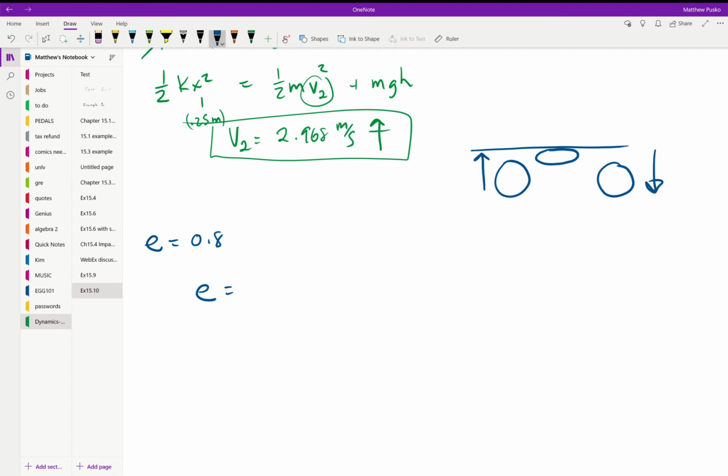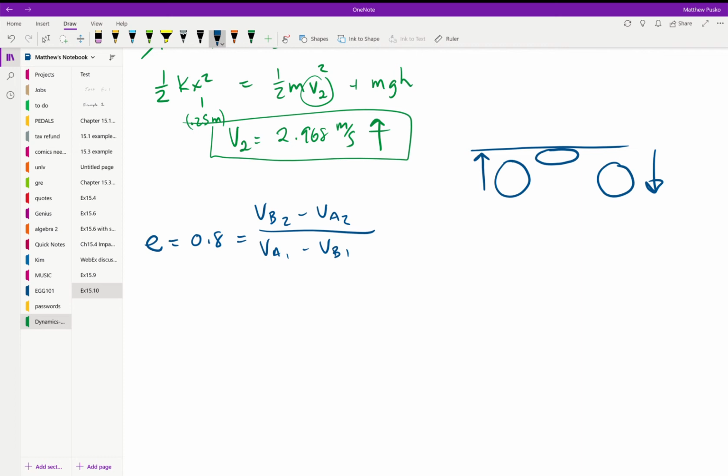So 0.8 is equal to, I'm going to write out the whole formula, the velocity of B at 2 minus the velocity of A at 2, all divided by the velocity of A at 1 minus the velocity of B at 1. We're talking about the ceiling, which is not moving. It's basically the Earth, right? It does move a little bit, but not measurable.